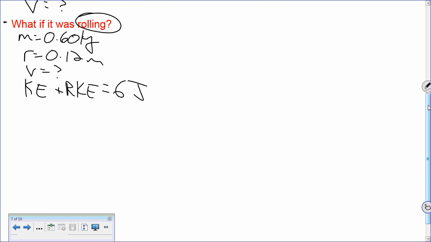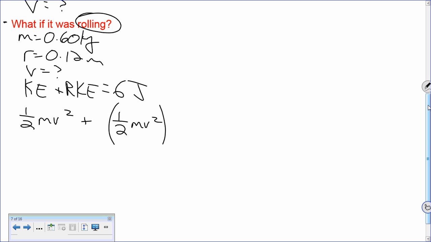So let's see, kinetic energy. Well, that's 1/2 mv squared plus, remember I showed you the super secret ninja shortcut if it's rolling? So my rotational kinetic energy should be the same as the kinetic energy, except times the fraction. So what's my fraction?